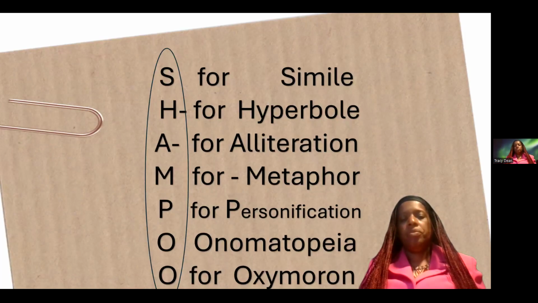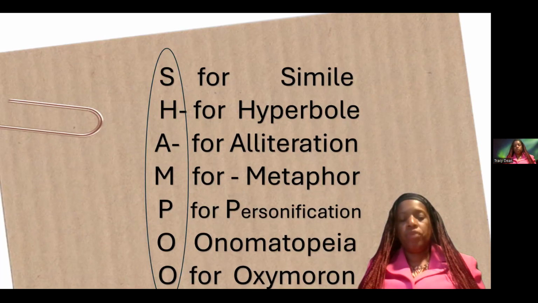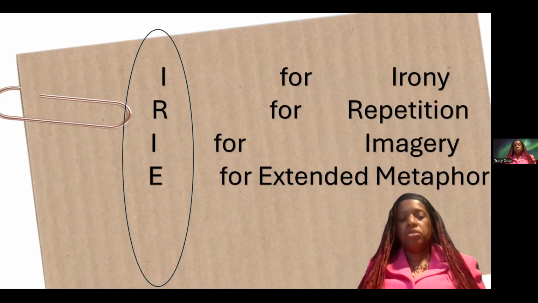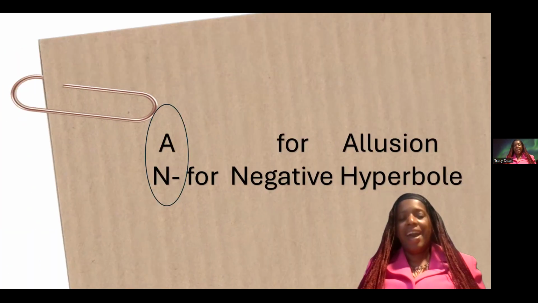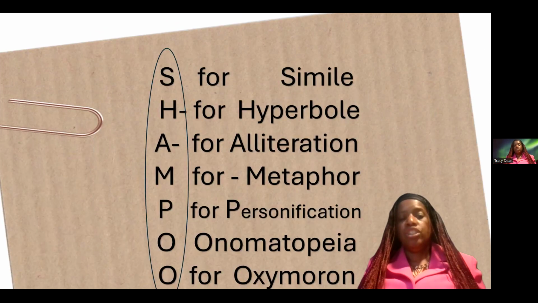Some of you know this one. S is for simile. H is for hyperbole. A for alliteration. M for metaphor. P for personification. O for onomatopoeia. O for oxymoron. Everybody remember shampoo? Remember that now. So you have to learn shampoo and you got to learn about an irie shampoo.